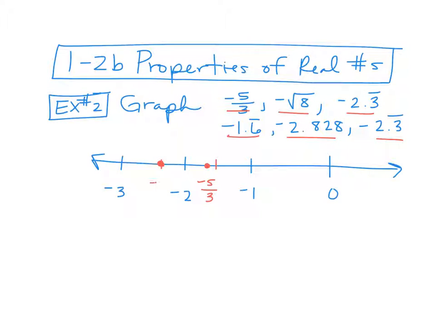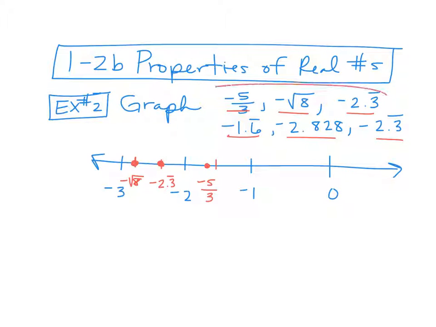That would be -2.3 repeating. Which means your last one, negative root 8, is your smallest number, and that's -2.828. So again, that's going to be a lot closer to the -3, somewhere over here. Put a little point there, call that negative root 8.